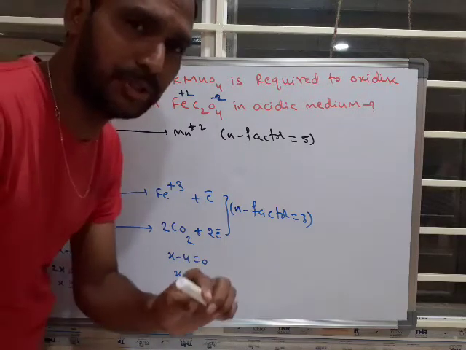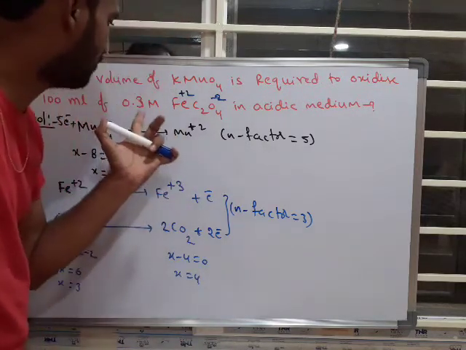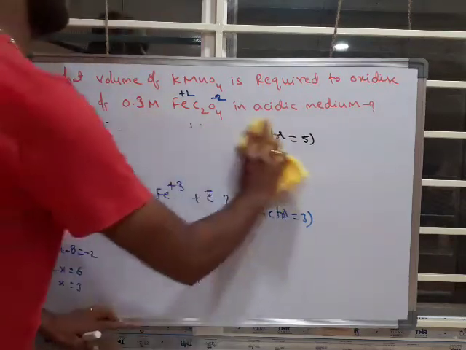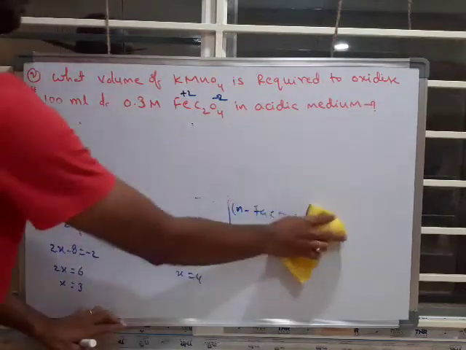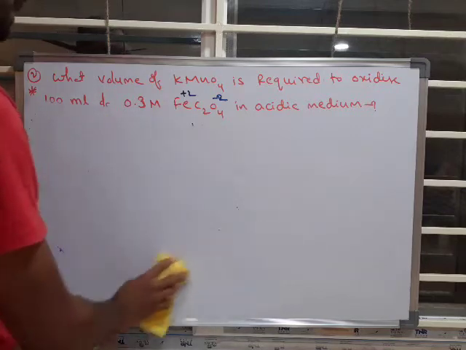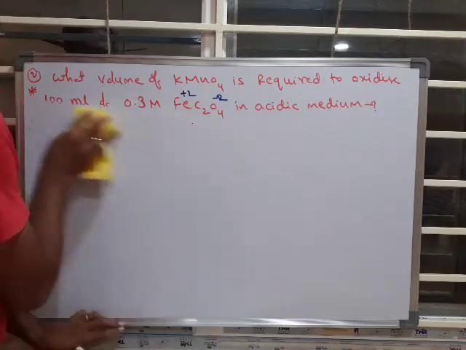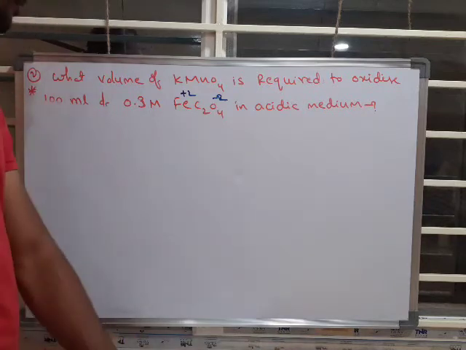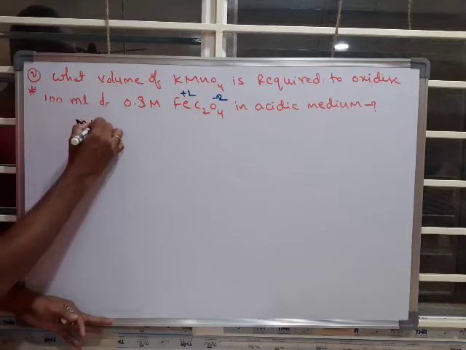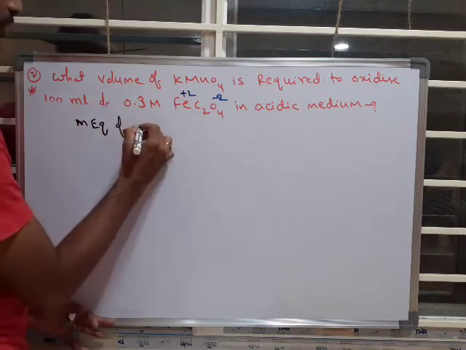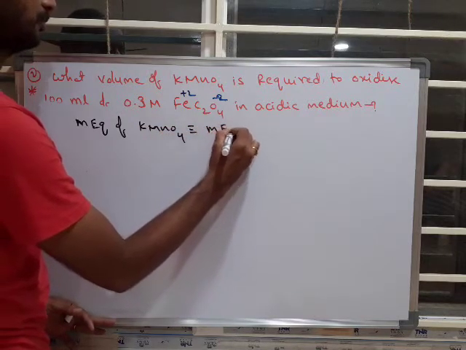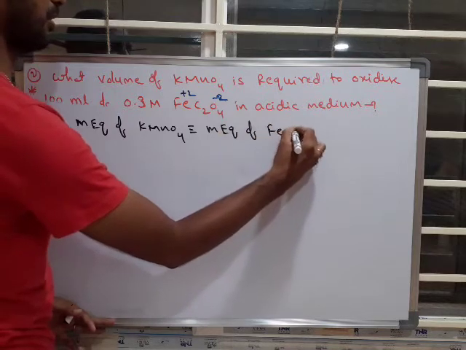Since the value is given in terms of molarity, we have to equate milli equivalents. Just remember the n factor. The milli equivalents of potassium permanganate are exactly equal to the milli equivalents of FeC2O4.